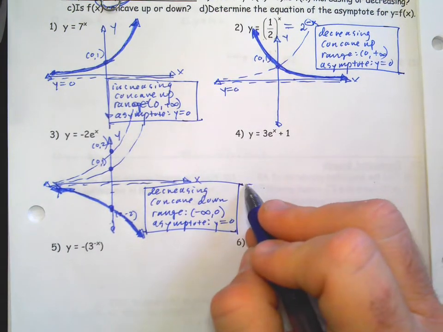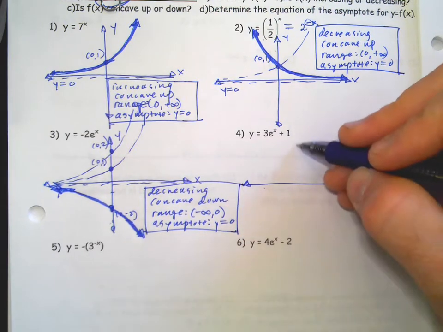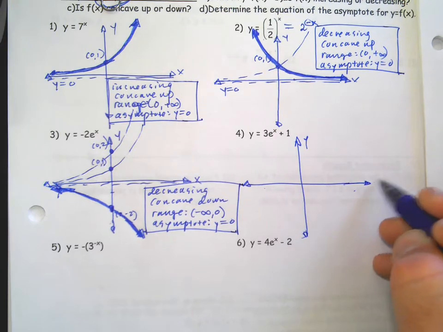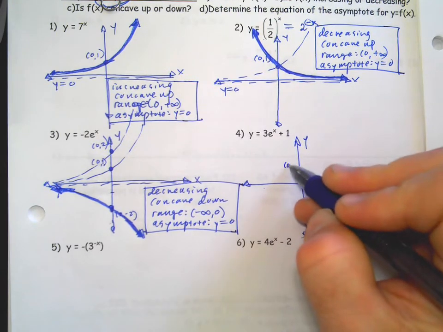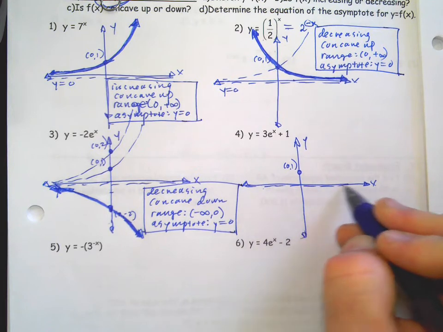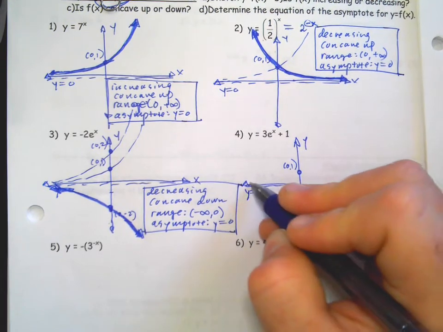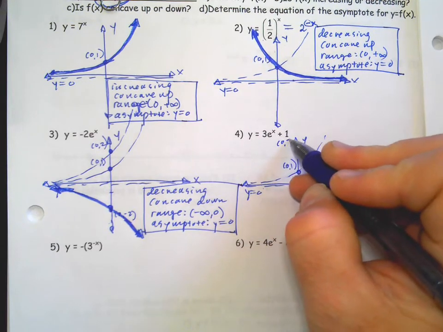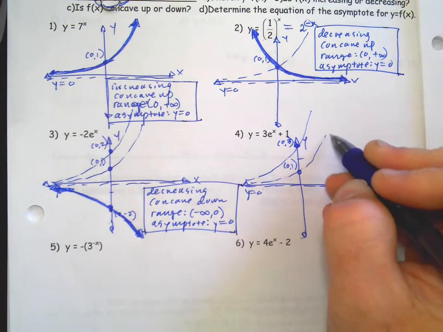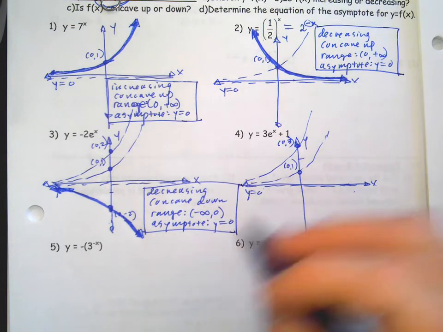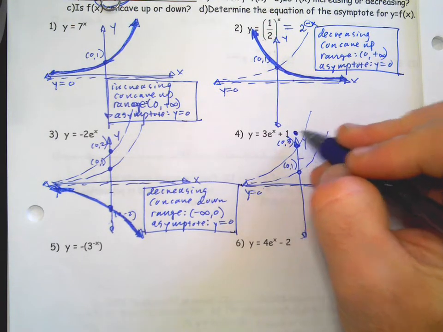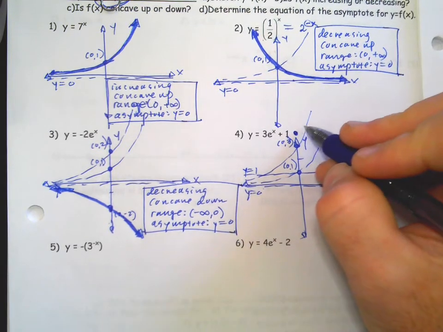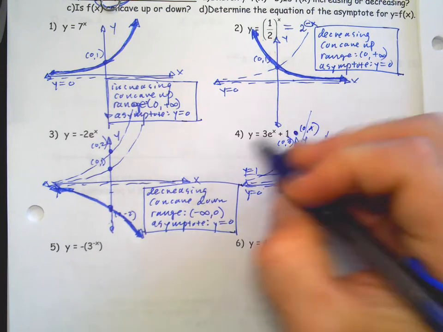Okay, next one. So yeah, you just crank these out. 0, 1, horizontal asymptote, parent function y equals 0, e to the x, the 3 makes it 3 times taller. The plus 1 moves it all up 1. So I guess I'm kind of running out of room here. So it moves everything up 1. So the horizontal asymptote, the y-intercept.